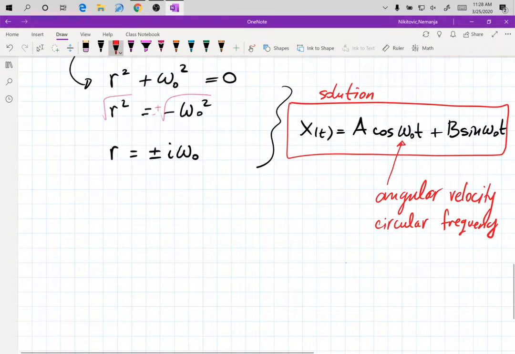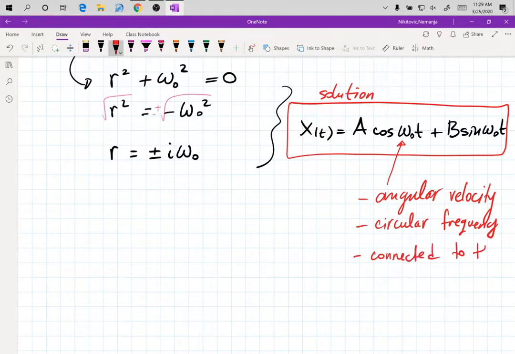And it is connected to the period of oscillation. So all of these things are all connected, and they are all on a pile.